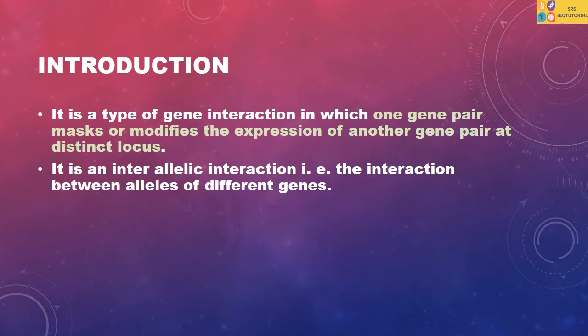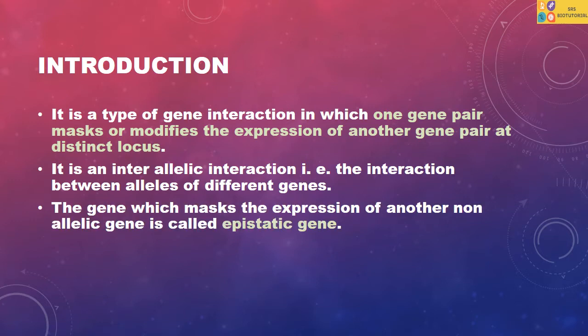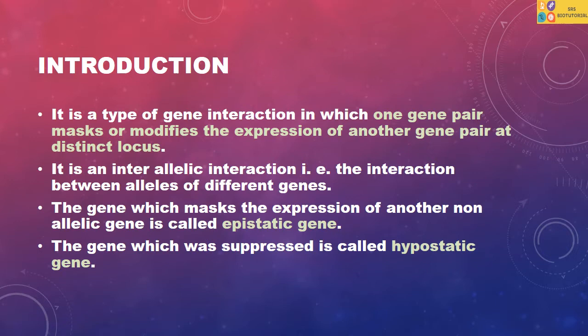The gene which masks the expression of another non-allelic gene is called the epistatic gene. The gene which is suppressed is called the hypostatic gene. This gene interaction modifies the phenotypic ratio of a dihybrid cross.